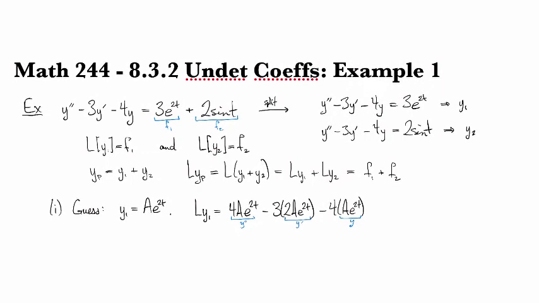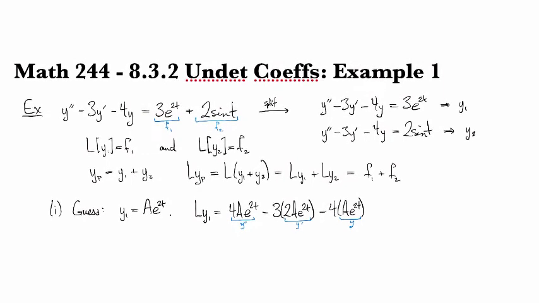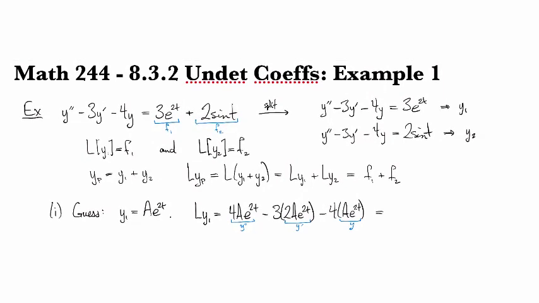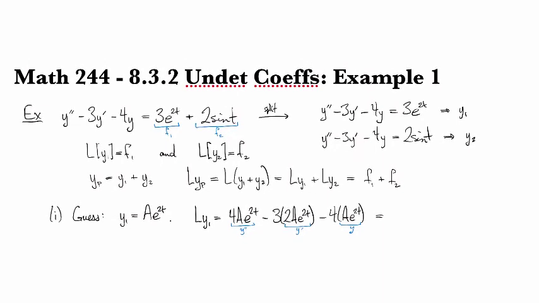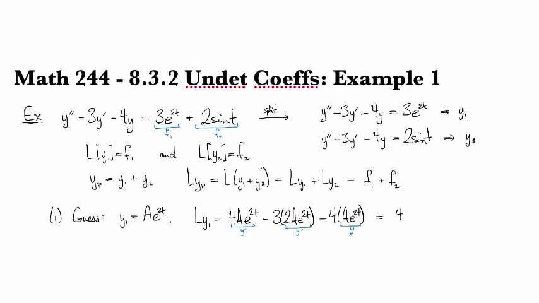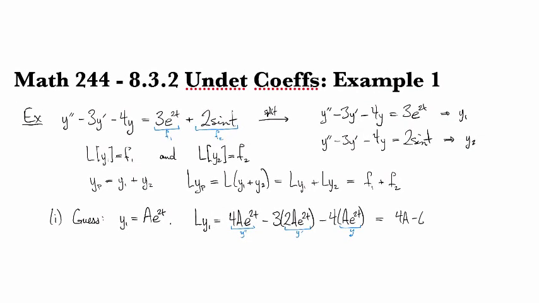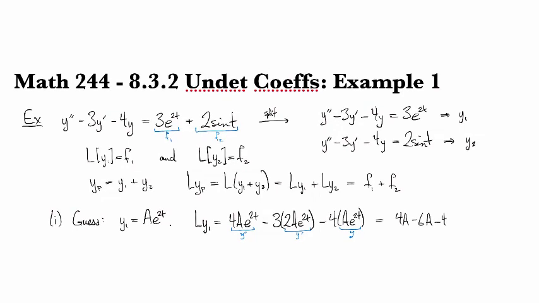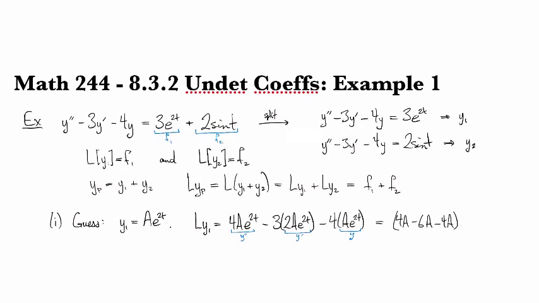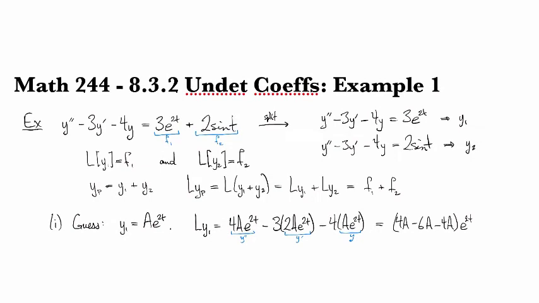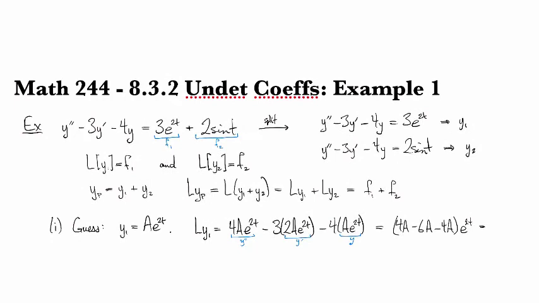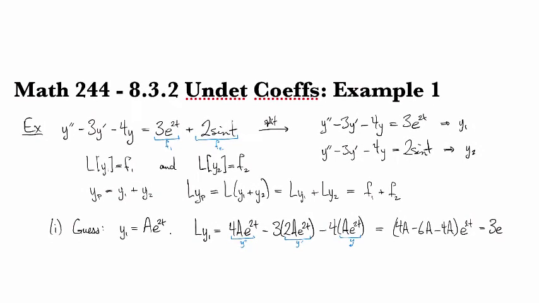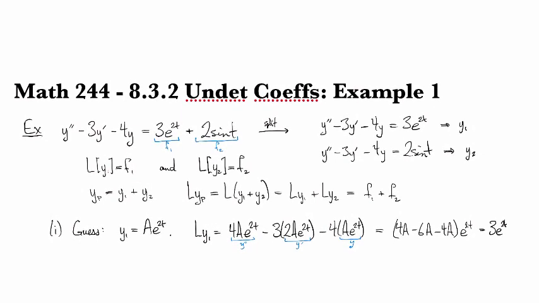Okay, so I have substituted it into my equation now, and collecting up these terms, what do I find? Let's see, so there's 4A minus 6A minus 4A, times e to the 2t, and that's supposed to be equal to f1, which was 3e to the 2t.